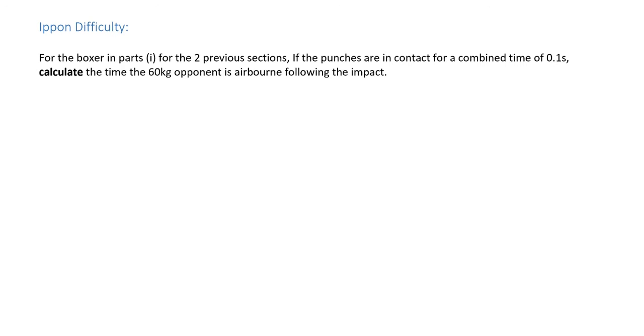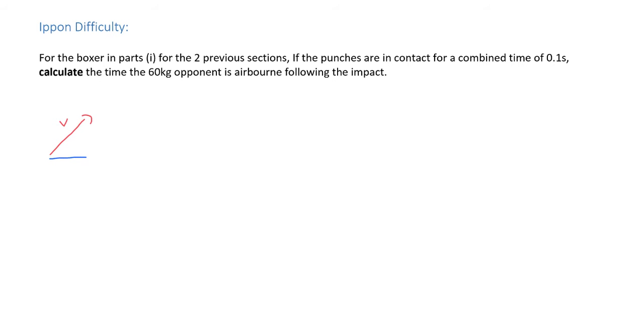All right, so this is the final part. We've already had the person hit twice, and the result of them being hit is they're going to leave the ground because it will give them a vertical component of velocity. So essentially what we're trying to work out is they're going to leave the ground with a certain velocity.